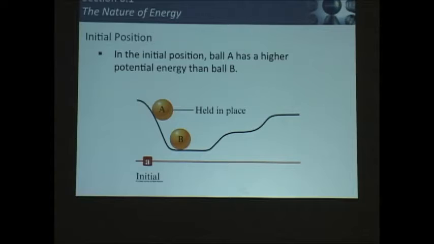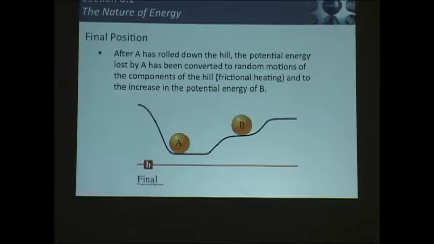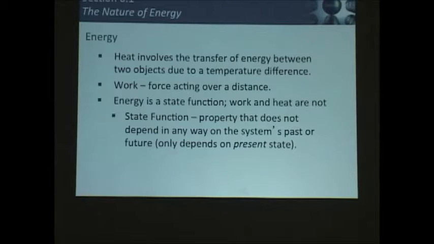So you can see here the changes in energy from potential going on to kinetic, which moves that ball even further up. So in the initial state, after A has rolled downhill, the potential energy has been converted to random motions, that is kinetic energy, and also the frictional heating between the sphere and the surface of the hill.